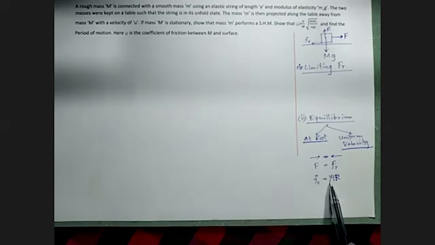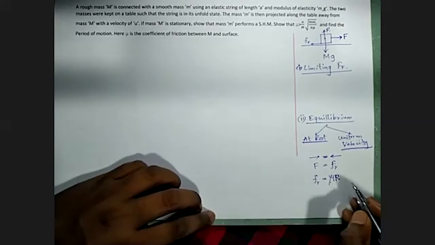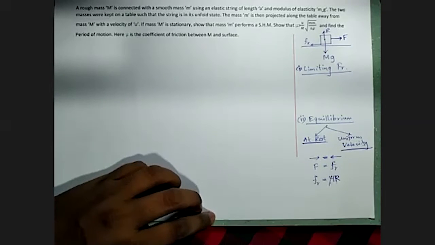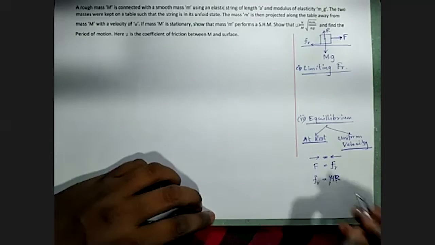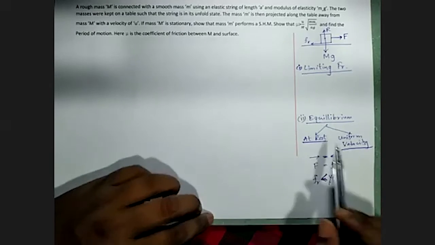The product of mu and perpendicular reaction is friction. If the mass is in equilibrium, we can say this friction is less than or equal to mu R. I repeat, if the mass is in equilibrium, our equation converts to an inequality.